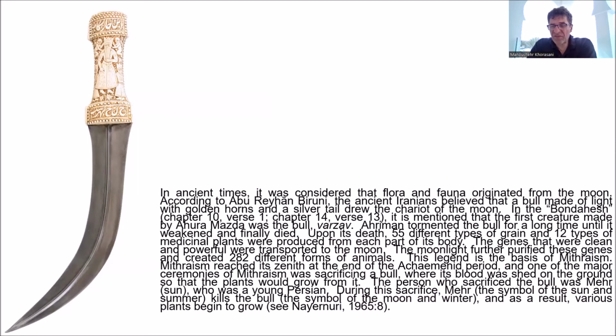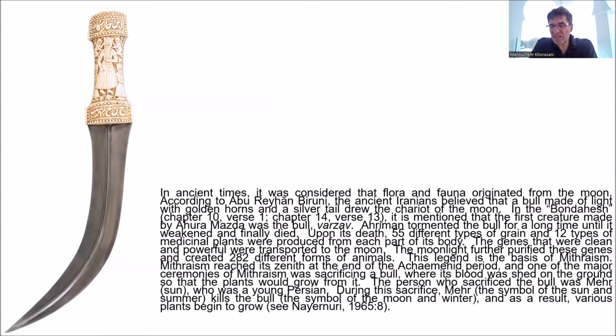Upon its death, 55 different types of grain and 12 types of medicinal plants were produced from each part of its body. The genes that were clean and powerful were transported to the moon. The moonlight further purified these genes and created 282 different forms of animals.